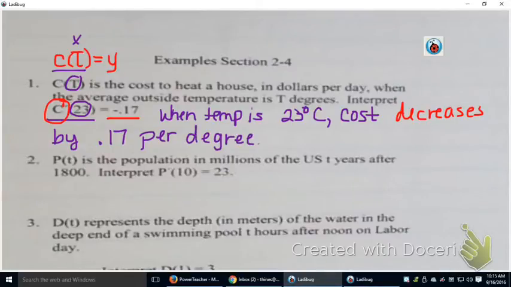So what that's saying is that as the temperature outside increases by 1, so like at 23 degrees, if I talked about what was happening at 24 degrees, then the cost would decrease to heat the house by 0.17 per degree. That makes sense because as it gets warmer outside, it won't cost as much to heat the house because it's getting warmer.